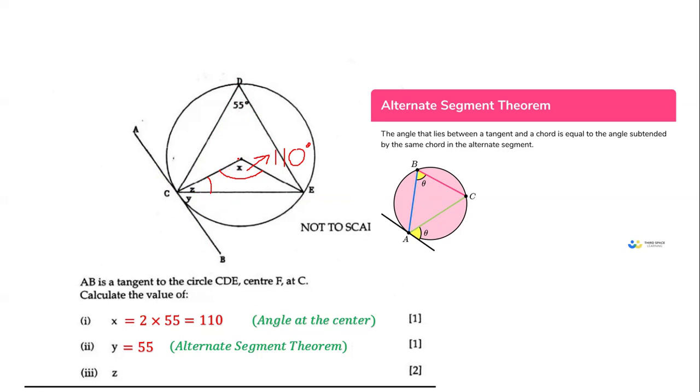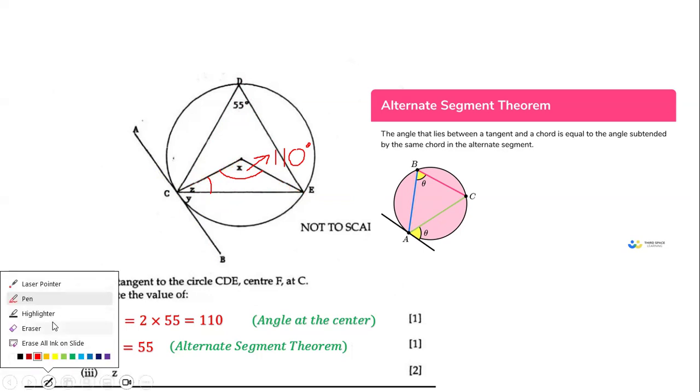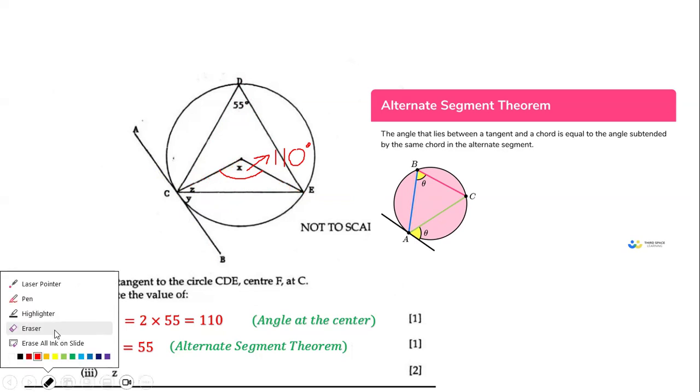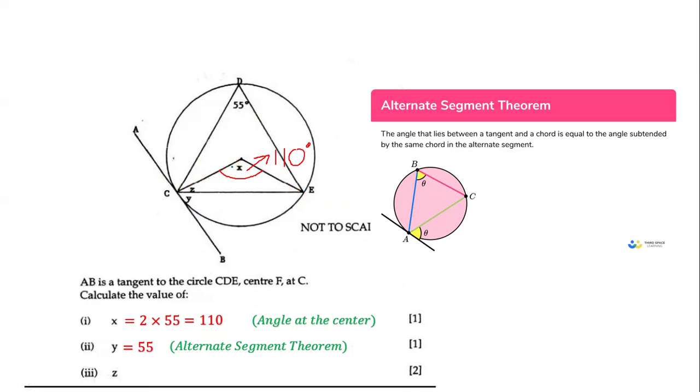If we look carefully, we're dealing with a triangle. If we notice carefully, let me erase this, this right here starts at the center and ends at the circumference of the circle.